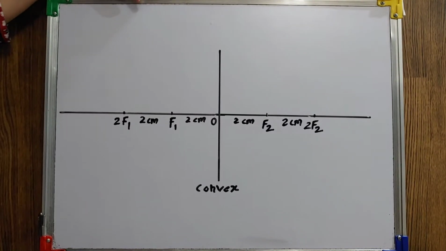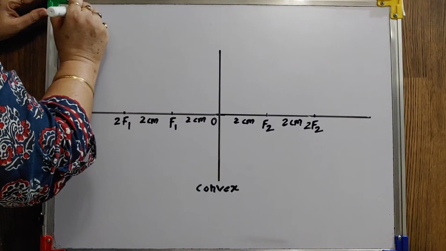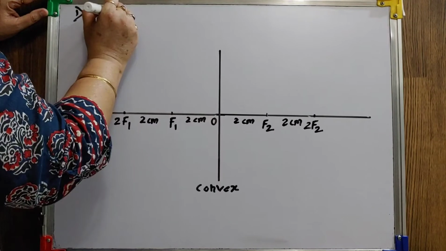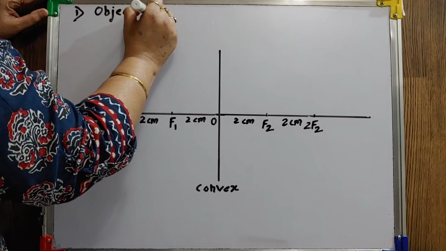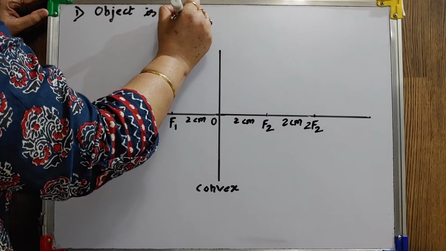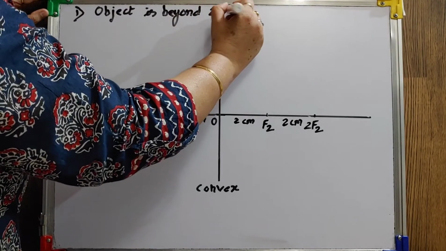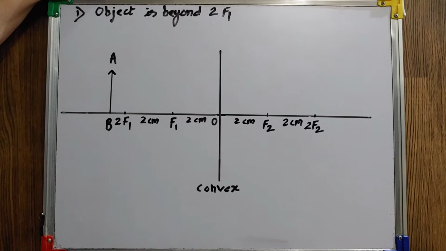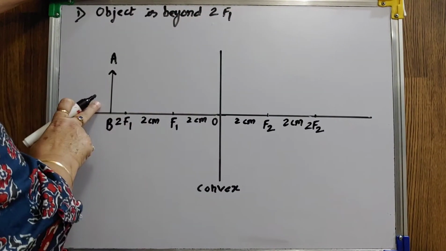Now I'll start with the first position, where the object is beyond 2f1. Now take the object beyond 2f1.